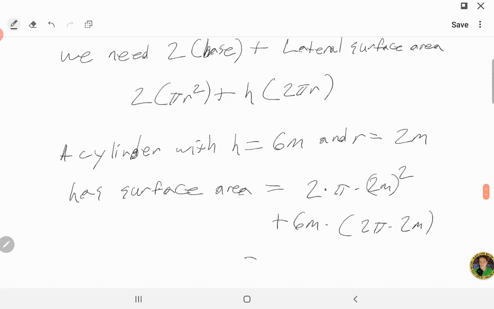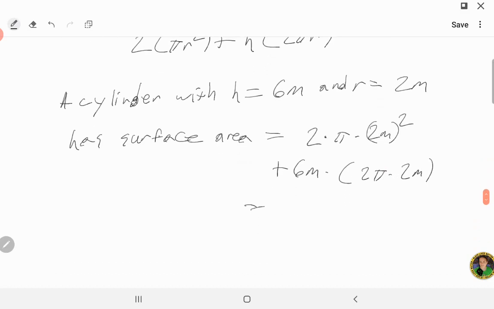And so we end up getting 2 times 4 is 8 pi square meters plus 24 pi square meters gives us 32 pi square meters. And again, we notice that that's good for exact.